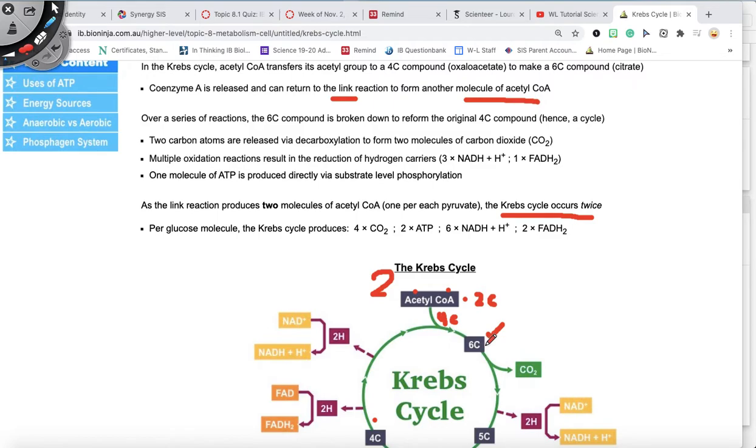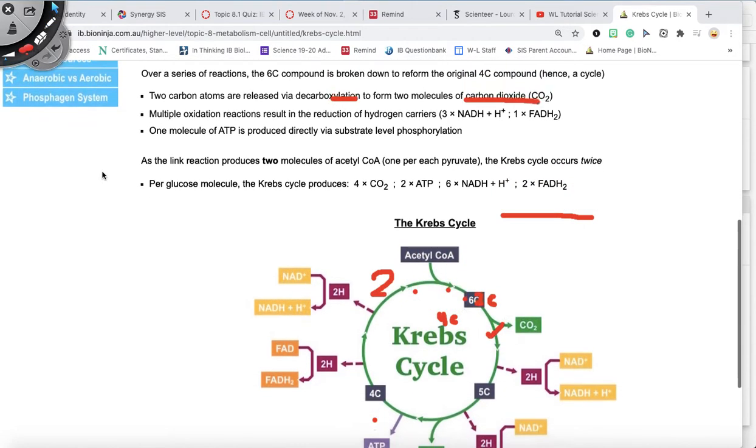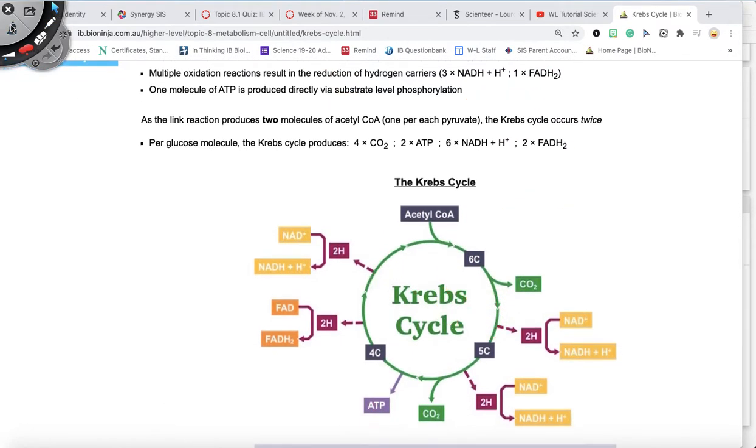So this 6-carbon compound gets broken down through decarboxylation, first into a 5-carbon compound and then back into the 4-carbon compound. When that happens, carbon dioxide is released here and carbon dioxide is released here.